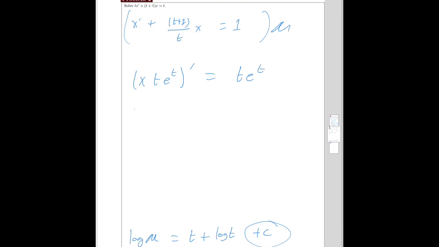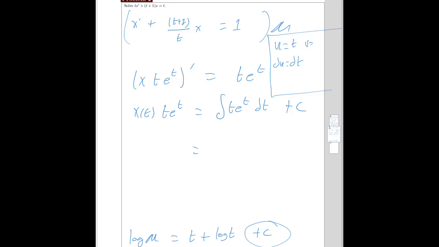Or in other words, this tells me that x of t times t e to the t is equal to the antiderivative of t e to the t dt plus c. Okay, so this is an integration by parts integral. So let me just come up over here and do some side work. So u is equal to t.